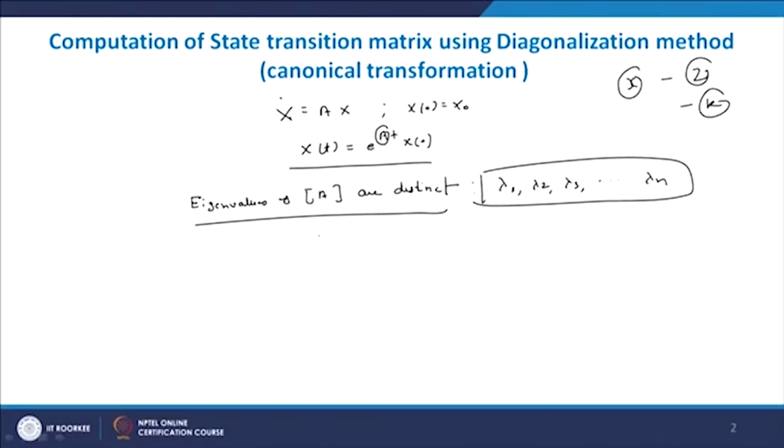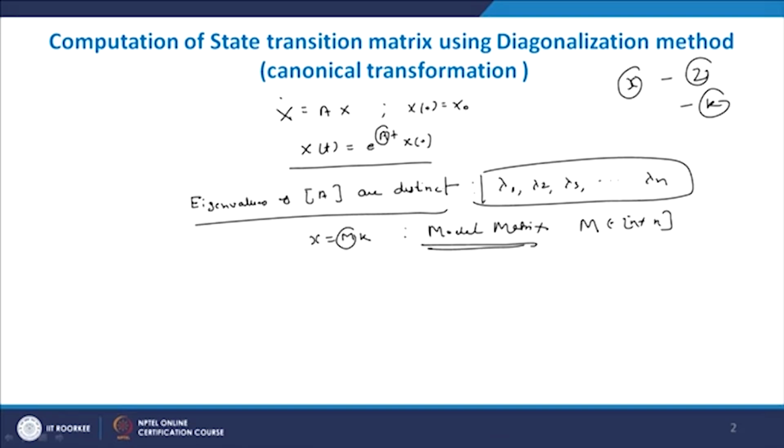We can write the state relation as x equals M into k. X is the original state vector, k is the new state vector, and M is a model matrix, which also belongs to n cross n matrices.